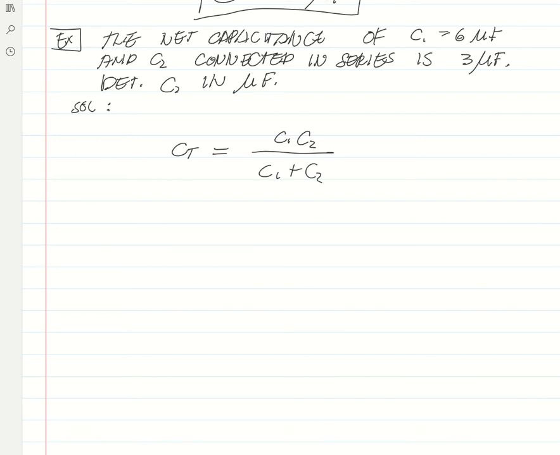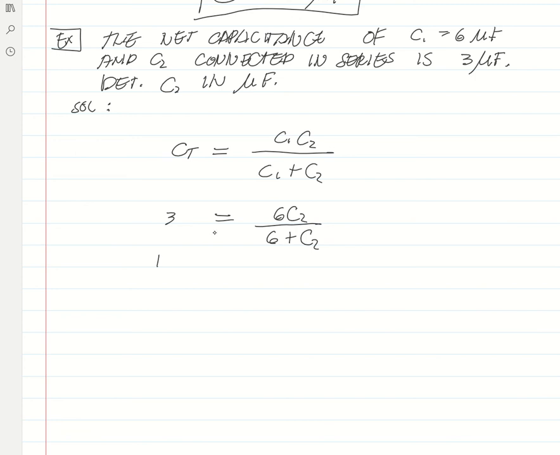Then we want to determine the value of the second capacitor C2 given the net capacitance, which is equal to 3 microfarad. So this is 3 micro, or we just use 3 so that the output will be in terms of micro. So 3 equals C1 times C2 all over C1 plus C2, and C1 is 6, so 6 times C2 all over 6 plus C2. Then solving for C2, we can cross multiply.